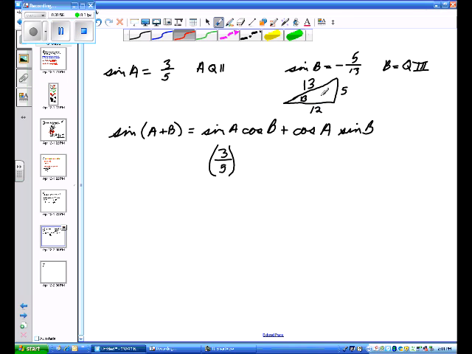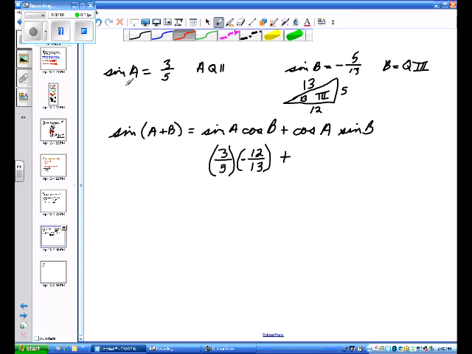Most of the time, these are going to be your special triangles. And we're in quadrant 3. So the cosine of B is the adjacent over the hypotenuse. We're in quadrant 3, so cosine is negative. That's going to be important. You have to deal with your quadrant.